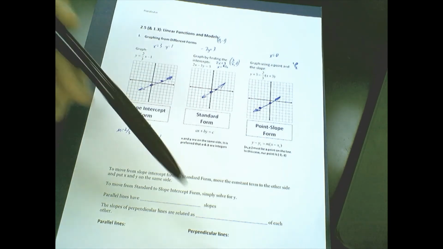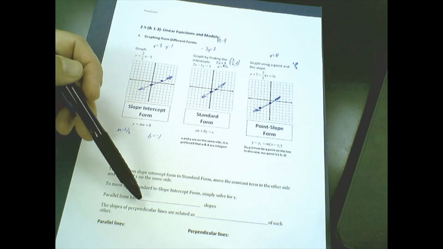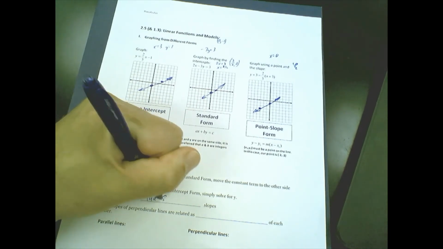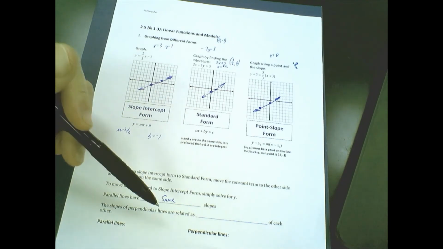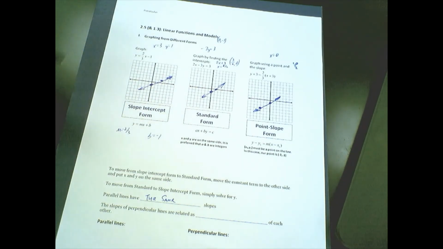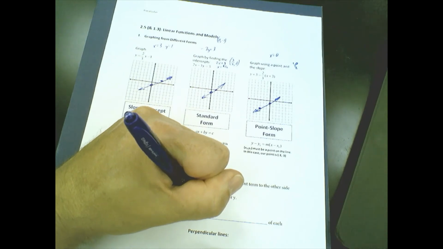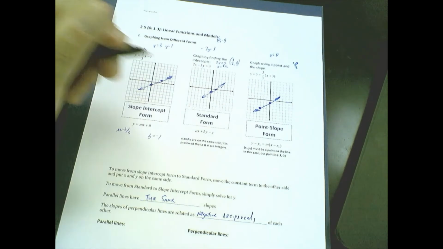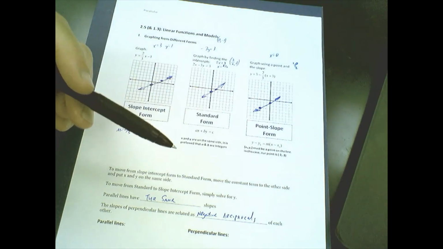And a couple other things that we want to remember. Parallel lines have the same slopes. The slopes of perpendicular lines are related as negative reciprocals. Take the slopes of those two lines that are perpendicular to each other.